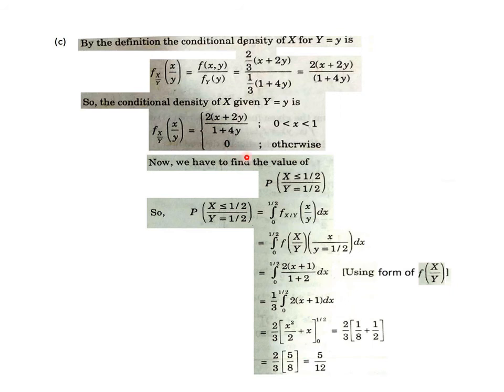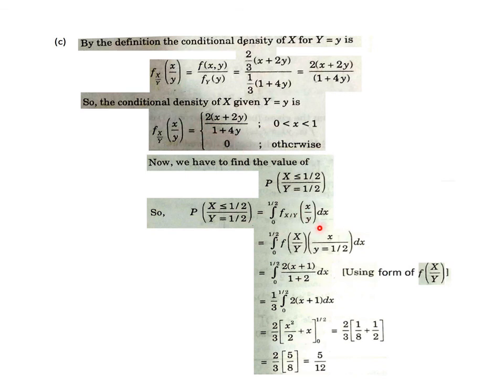Now, as was given, we have to calculate one more part of C, that is the probability P(X less than or equal to half given Y equals 1/2) using that conditional density. How is it possible? As y equals 1/2, we have to use this form of f(x|y).